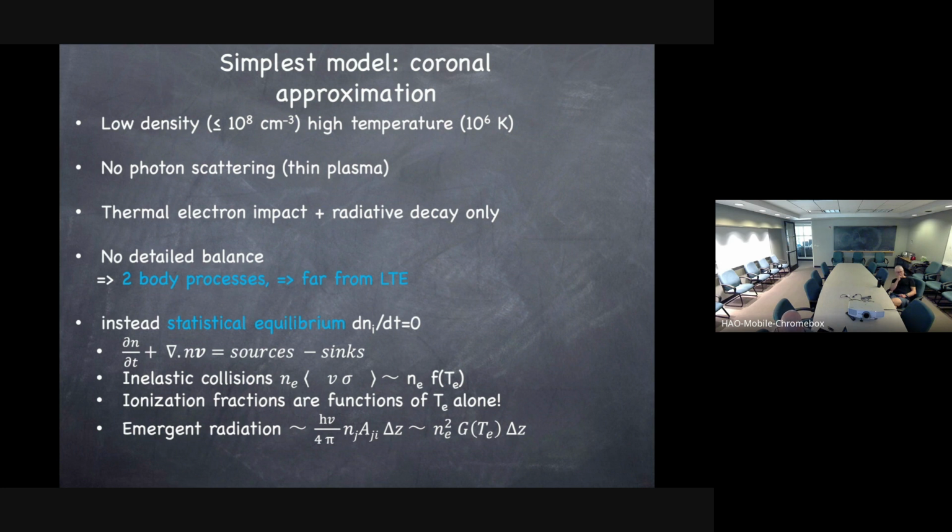Because it's low density, that means that for each ion, imagine say an atom of iron with 10 electrons removed, which are the eigenstates that are populated in this plasma? Well, they're almost always in the ground state of the ion.